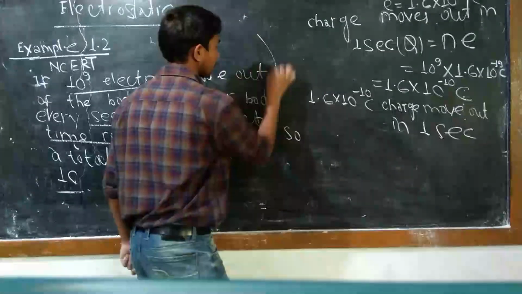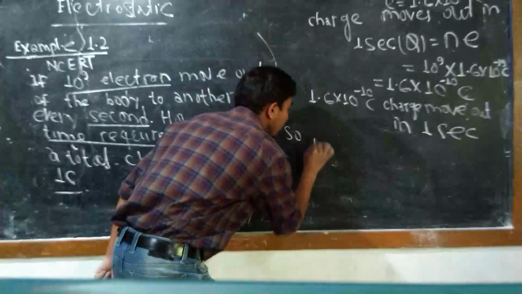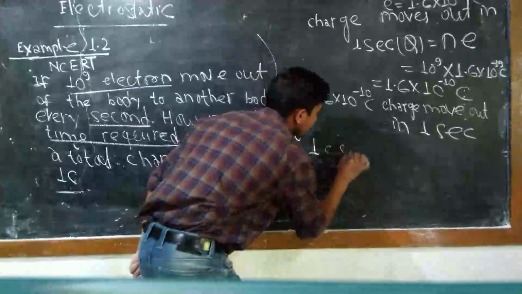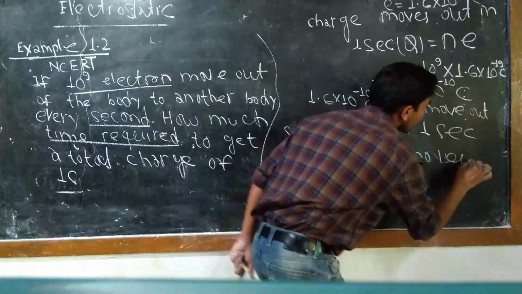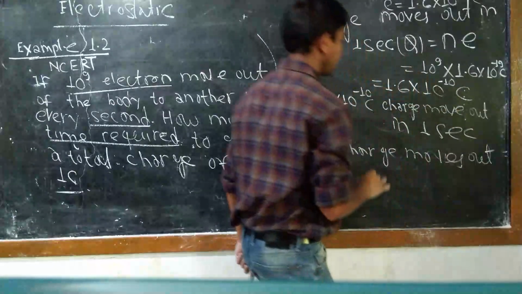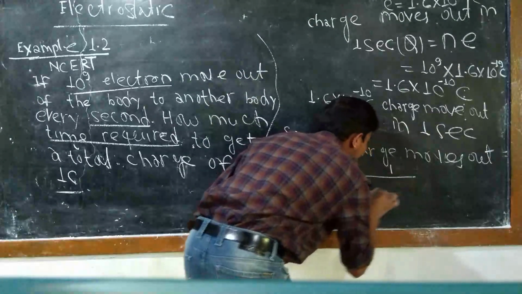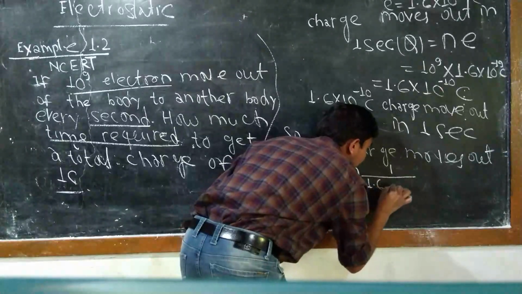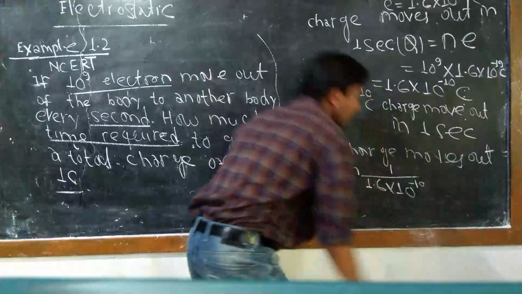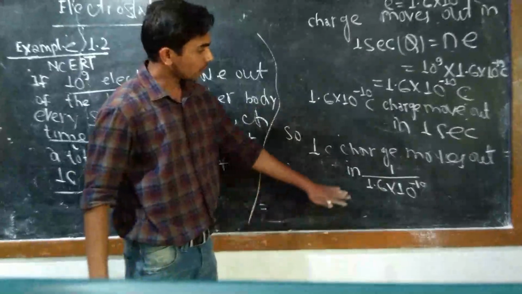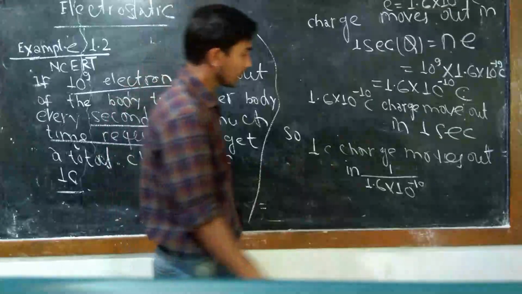So 1 coulomb of charge moves out in 1 by 1.6 into 10 to the power minus 10 seconds.